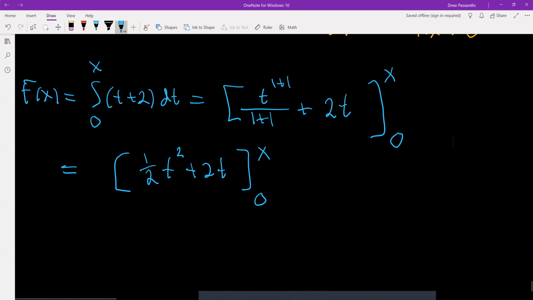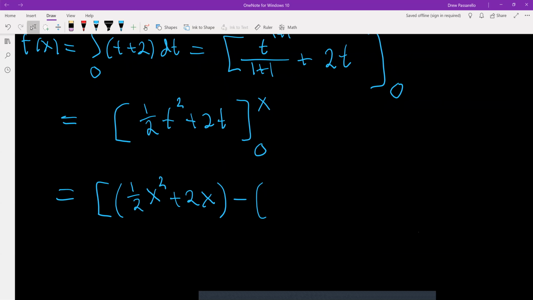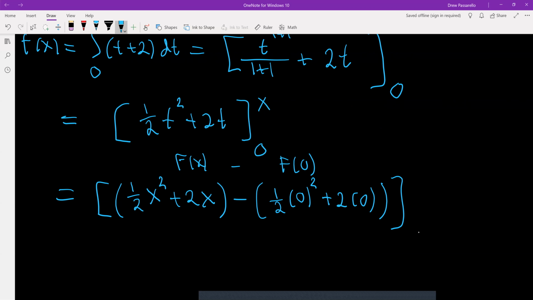So I apply the first fundamental theorem of calculus, so that I get 1/2, and then replacing t with x, that'll be x squared plus 2x, and then minus F of 0.